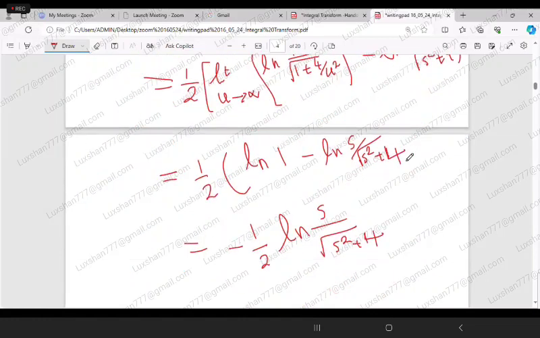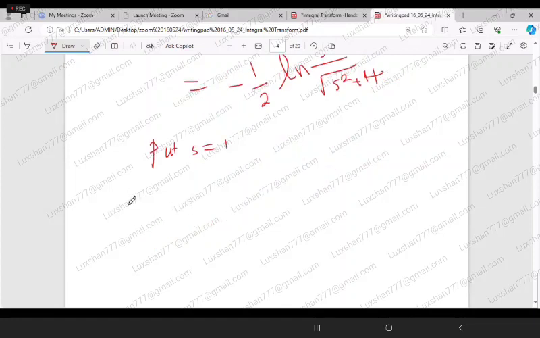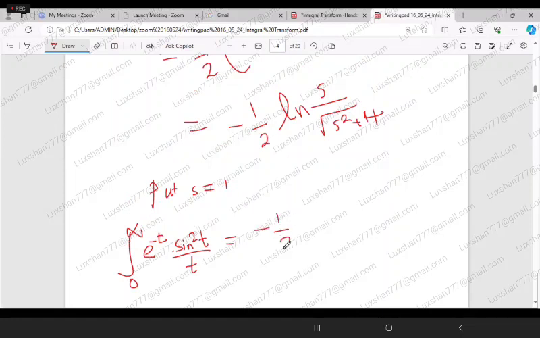So if you put s equal 1, we get integration 0 to infinity e to the power minus t sin square t over t equal to minus half times ln of 1 over square root of 5.